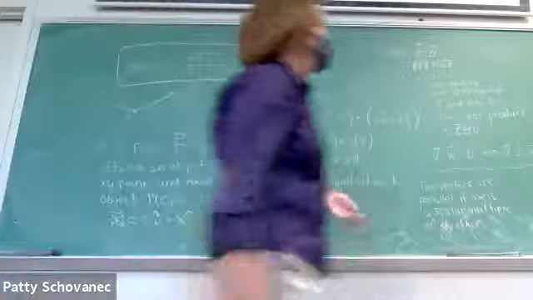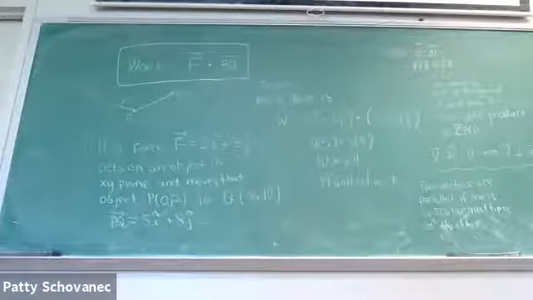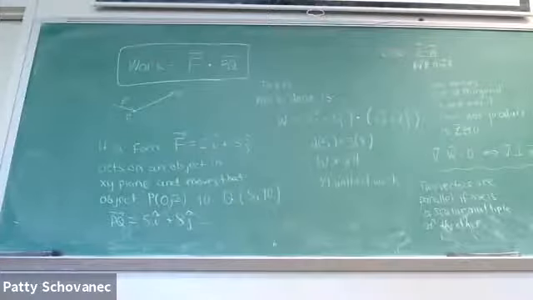The way we write the notation for the projection of V onto W is we abbreviate the word projection. We put the vector that we are projecting, and we put the onto vector down here.